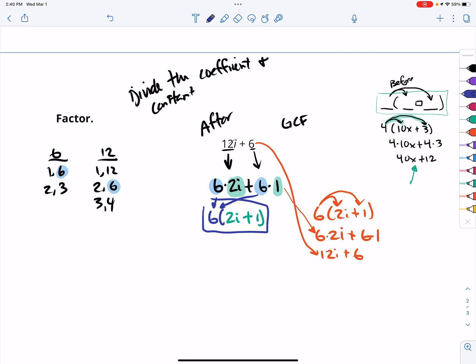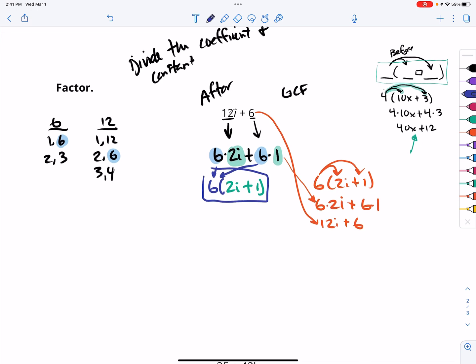There's another strategy that we can use, and that's our double ladder method. If we set this up as 12i plus 6 and we wanted to do our double ladder, I can think of this like there's a 12 and a 6. They can both be divided by 2, and that would leave me with 6i plus 3.